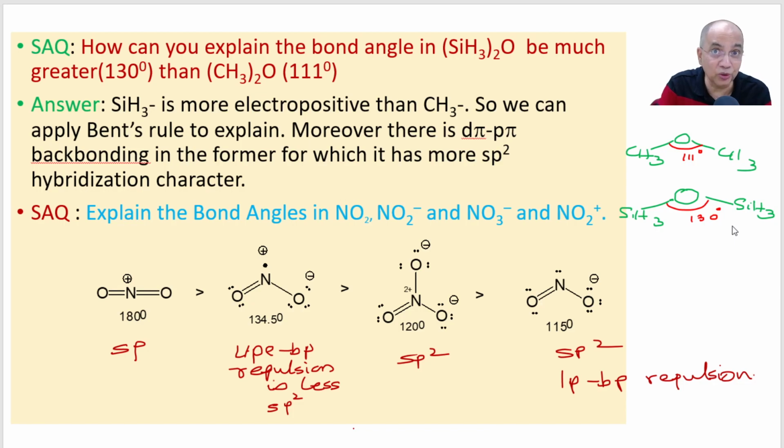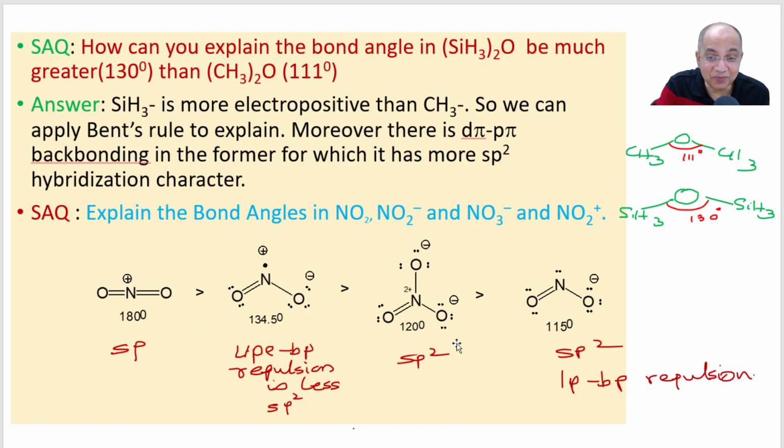Moreover, I told you, if you have not forgotten in your bonding program, that there is a possibility of d pi p pi back bonding: the vacant d orbital of silicon and one of the occupied lone pair orbitals go for a collateral overlapping. That changes the hybridization status from sp3 to sp2 to some extent, for which also there is a change in bond angle, right?